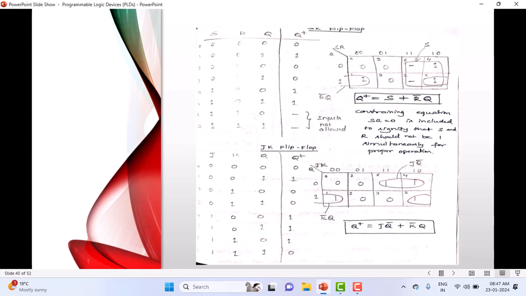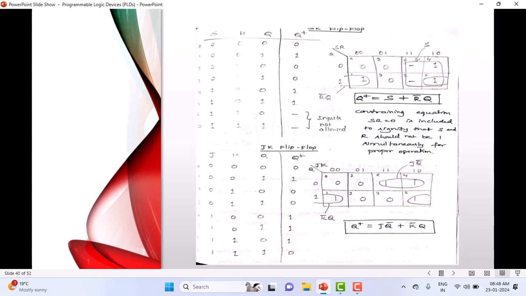But in this textbook, we follow MSB at the top and LSB at the bottom. Better to write it down somewhere so that you don't forget. Whenever you are in module 3, this notation has to be followed. MSB at the top of the diagonal and below will be the LSB. This is our LSB. Q is LSB. Look here, Q is LSB. Whatever comes to the rightmost side is LSB.